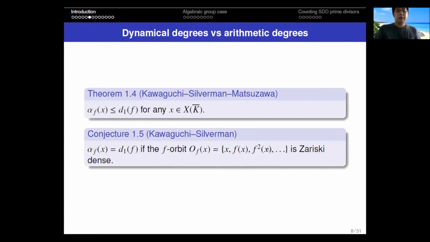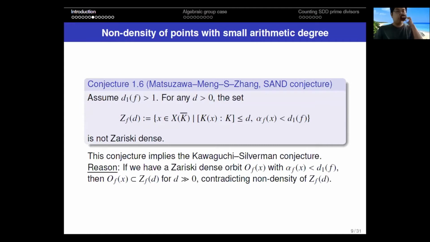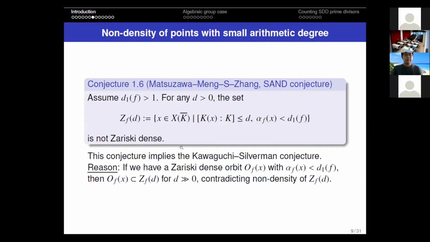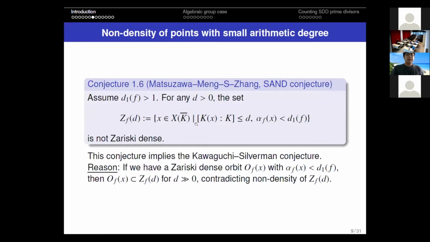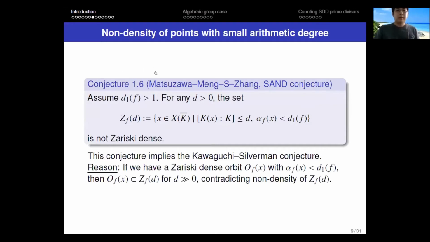The orbit is the set of x, f(x), f^2(x), and so on. First, we generalize this conjecture, so we call the generalized conjecture the SAND conjecture.